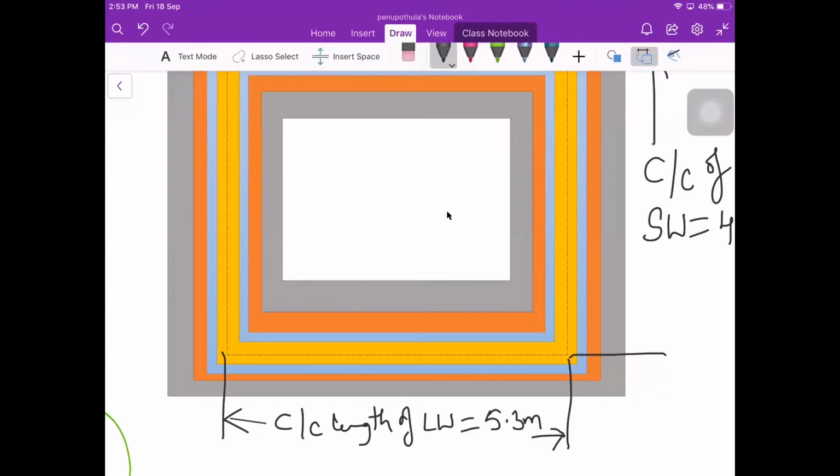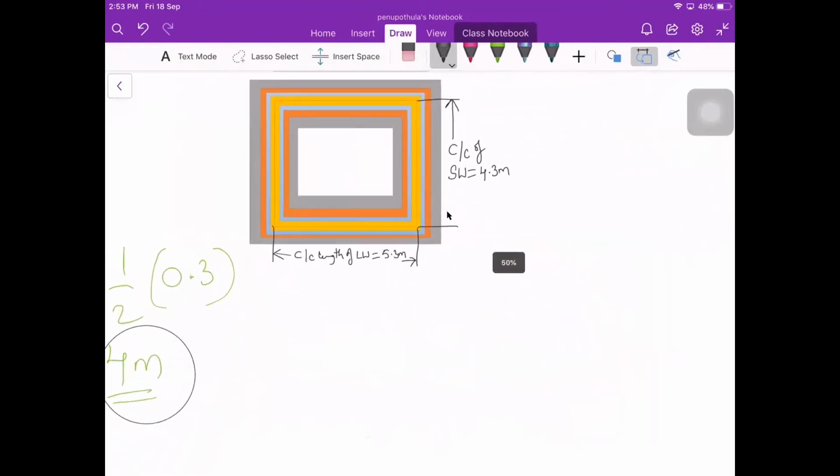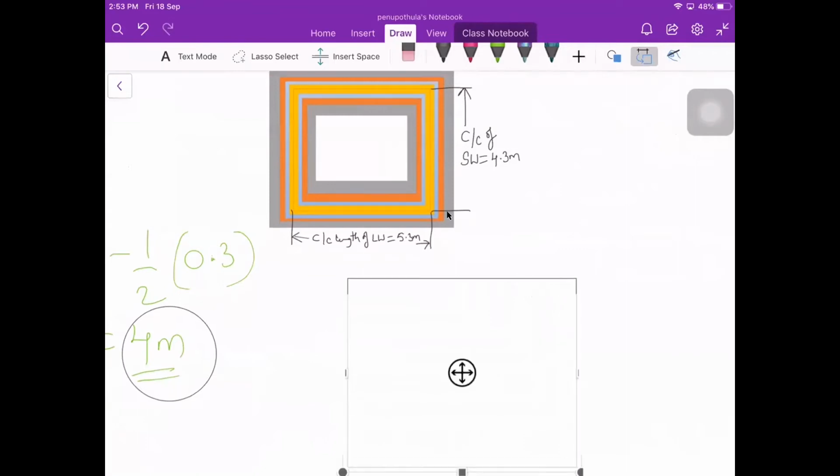After getting this, I will calculate the length of the long wall and the length of the short wall for each item of work. I am considering this as my foundation concrete level.